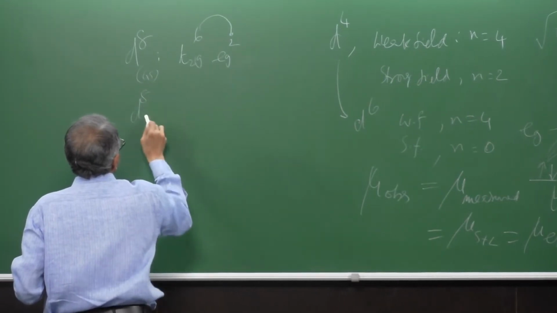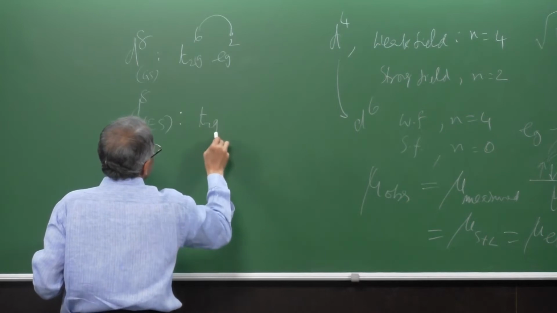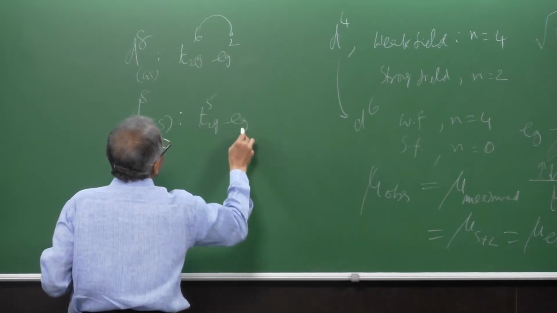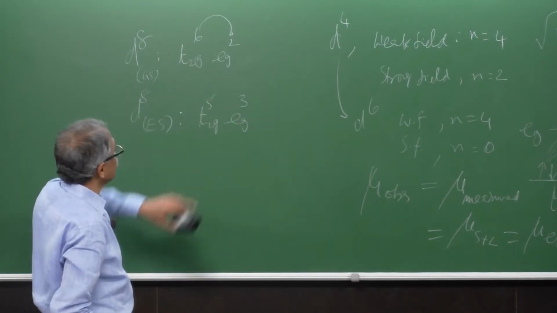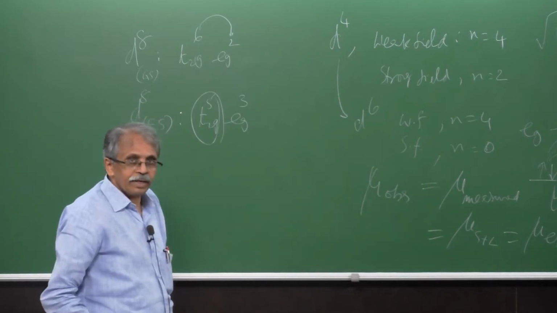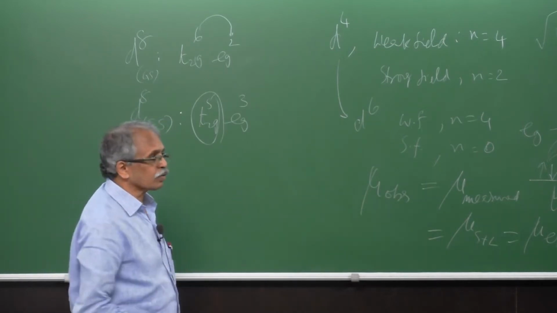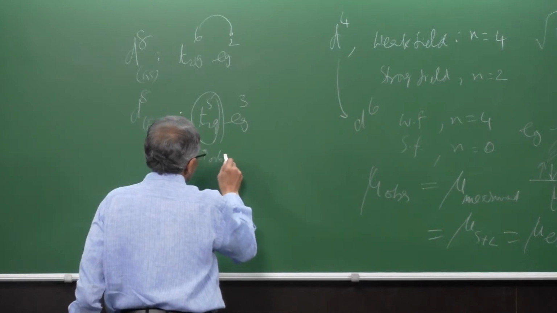Now, D8 in the excited state. In the excited state, I will put T2G5 and I will add one here, Eg3. The number of electrons is the same, 8 and 8. So, D8. Now here you have created an asymmetry of the electron filling, therefore you have your orbital contribution.